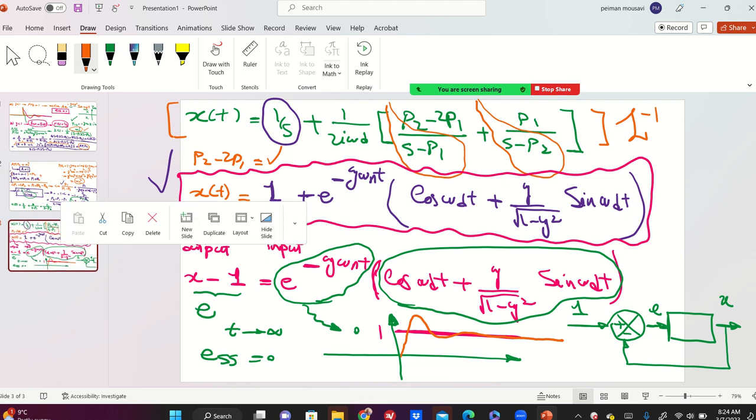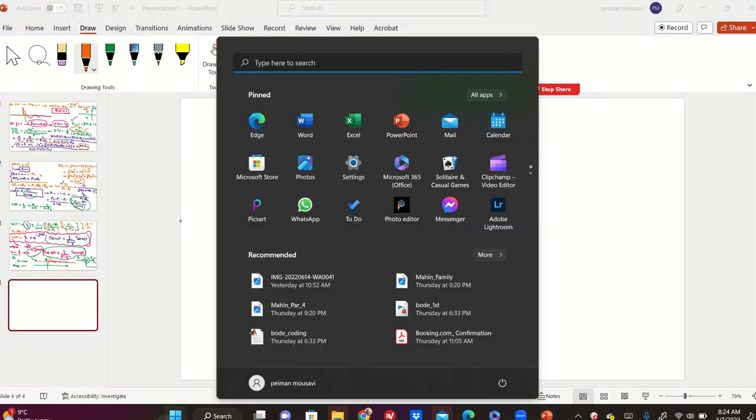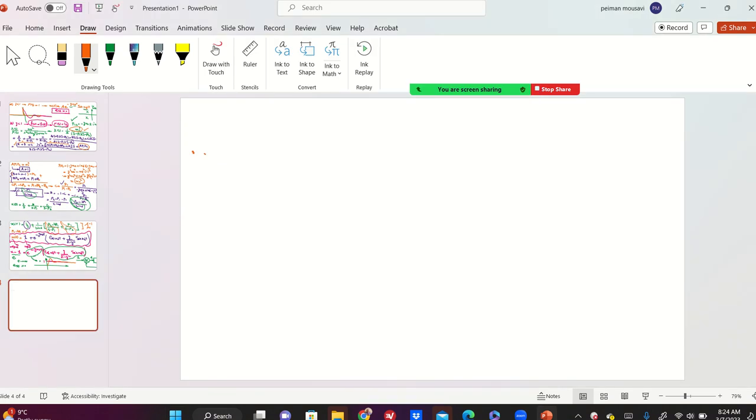So the mathematical proof of that is also easy. Can I go to the next page? Yeah, okay. So we know that ESS is the limit of s times F of s over 1 plus G, the open loop transfer function.